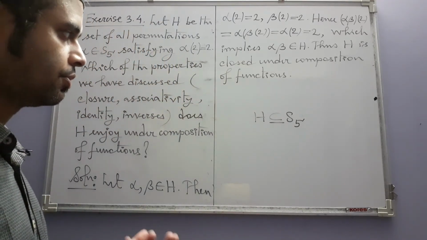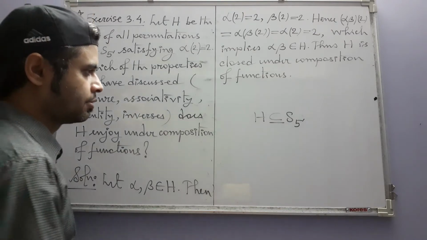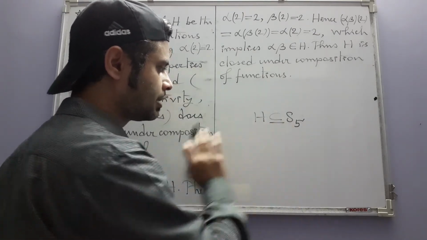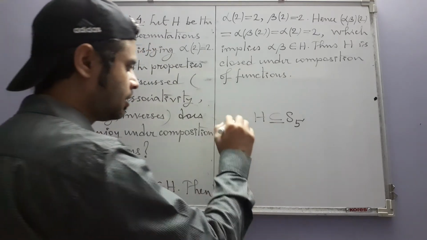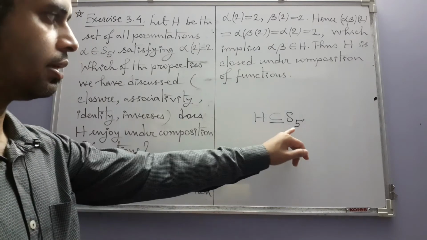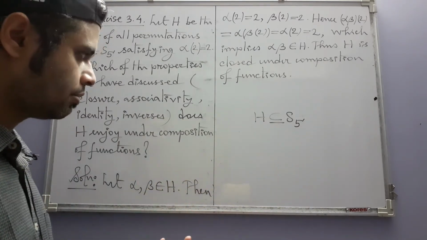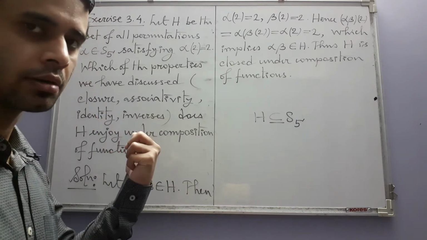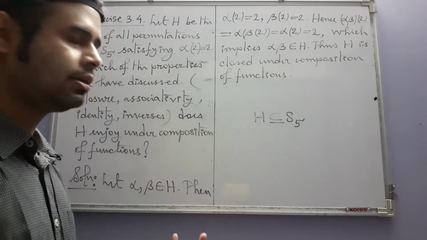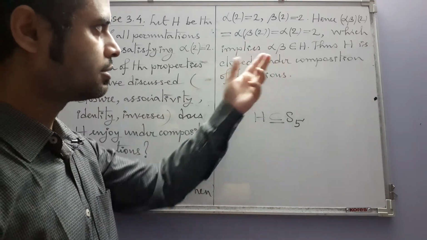Precisely, it has those elements which fix 2. There are other elements in S5 that are not in H. Now, because we have chosen alpha and beta in H, automatically they are also in S5. And we already know from our previous theorems on bijective maps that alpha beta is in S5, but this is something else, this is extra.